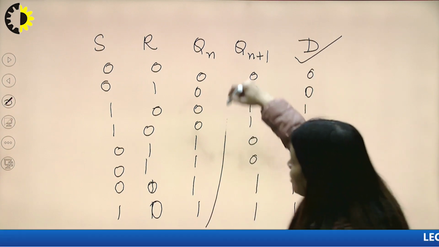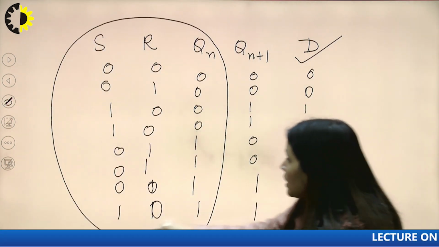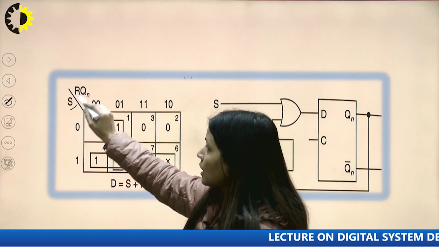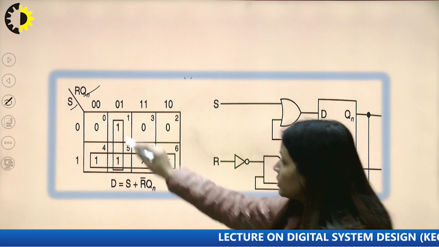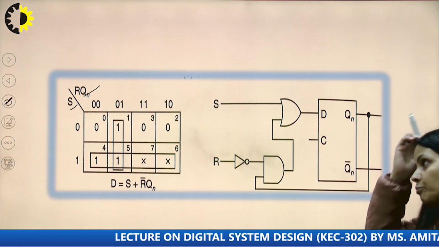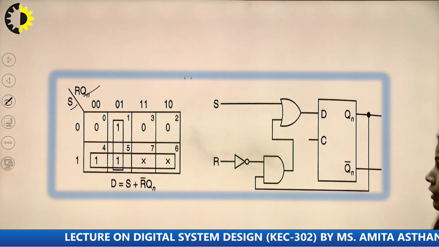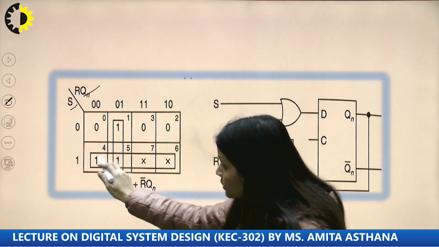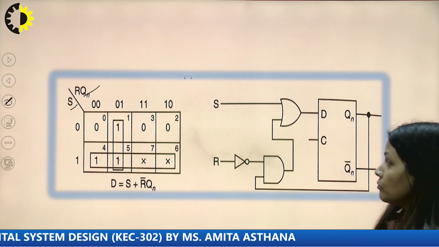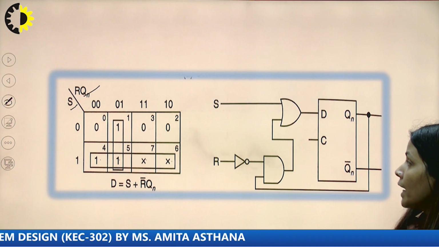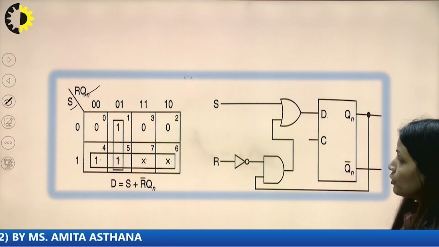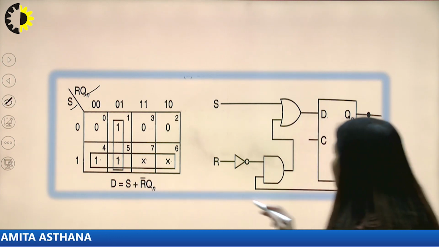And now I need to calculate D in terms of the input variables, these S, R and Qn. If I make the K-map for S, R and Qn, I have 3 ones and 2 crosses, and I have 1 pair and 4 entries, 1 1 cross, making a quad. So compiling the K-map and getting the expression, we can simply design D is equal to S plus R bar Qn.